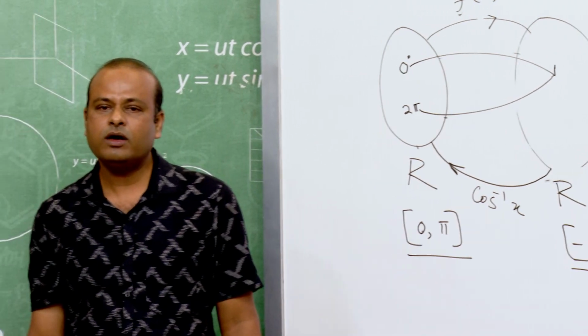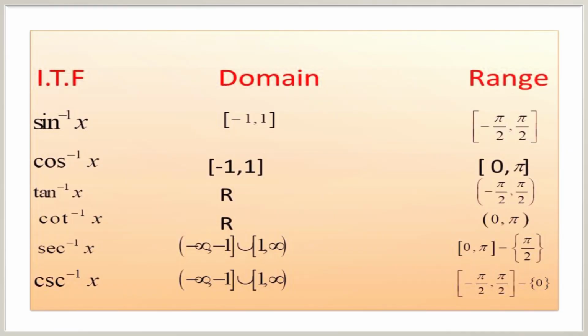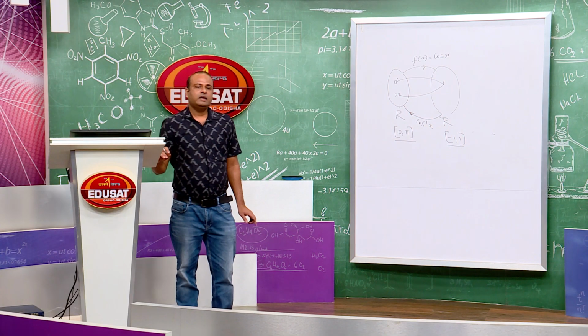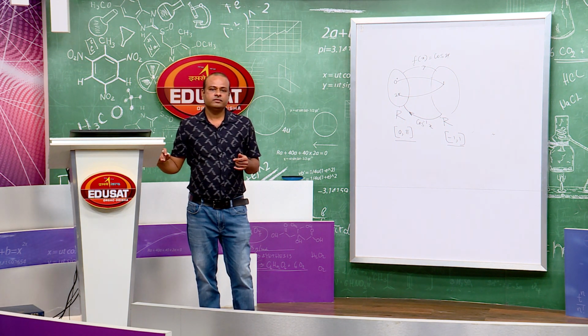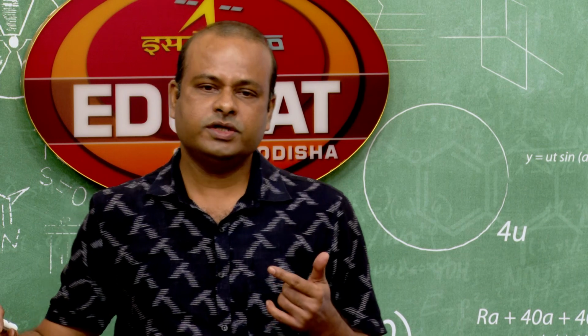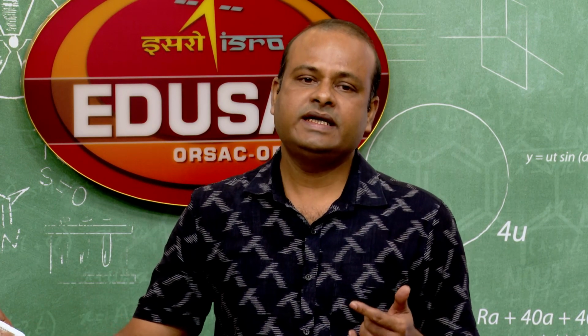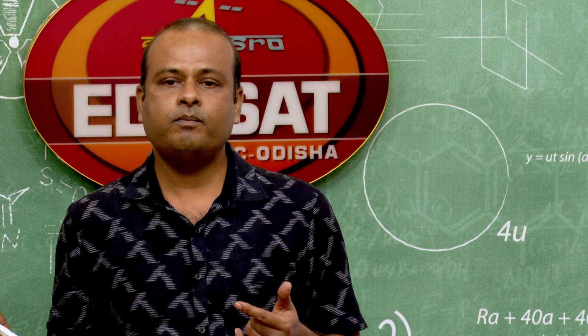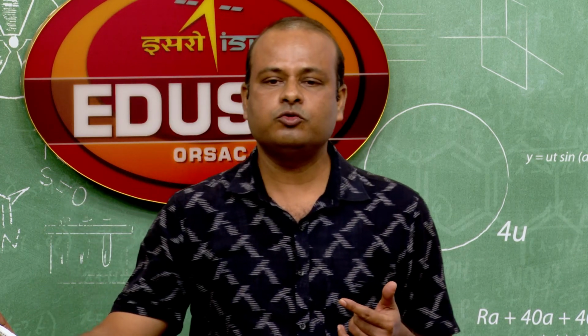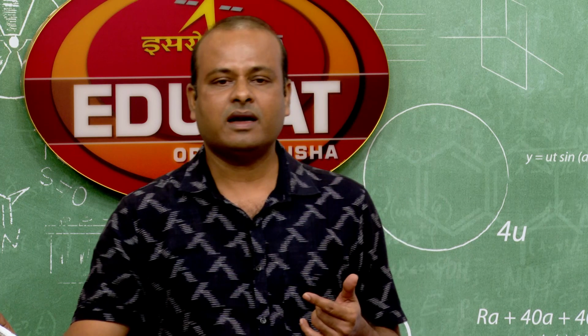You have to remember all these things. Similarly, for tan inverse x, the domain is R and the range is the open interval of minus pi by 2 to pi by 2. Like sin inverse and cos inverse, you have to understand that tan x is bijective from the open interval of minus pi by 2 to pi by 2 to R.